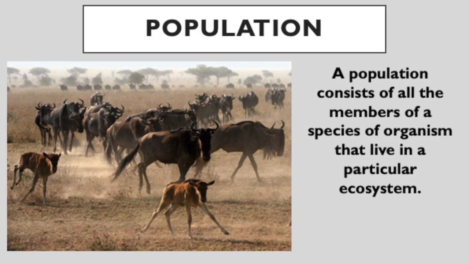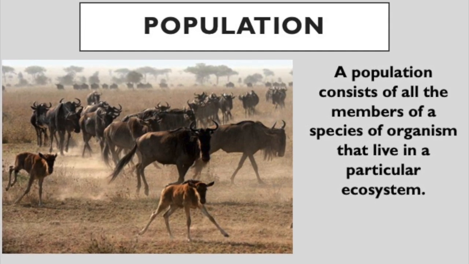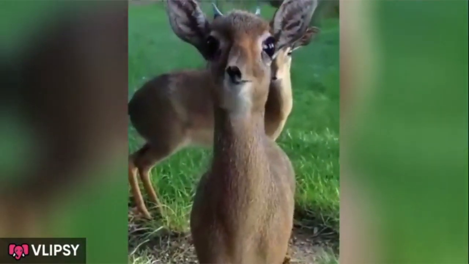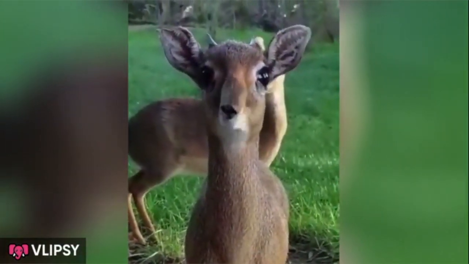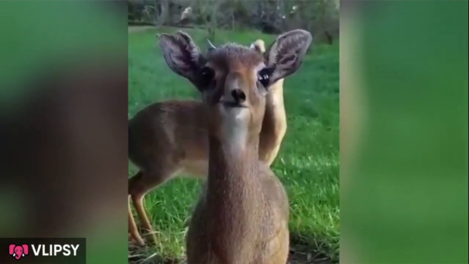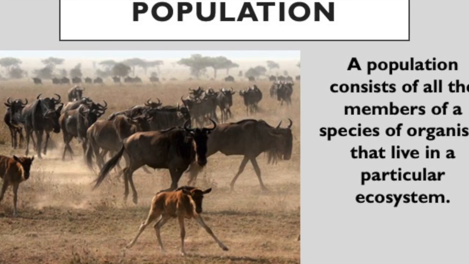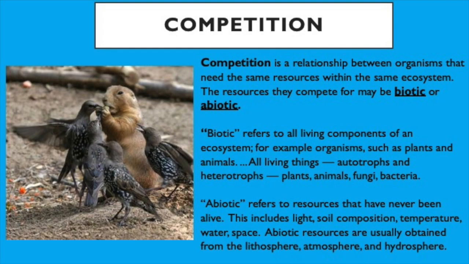Populations consist of all the members of a species of an organism that live in a particular ecosystem. Competition is a relationship between organisms that need the same resources within the same ecosystem.